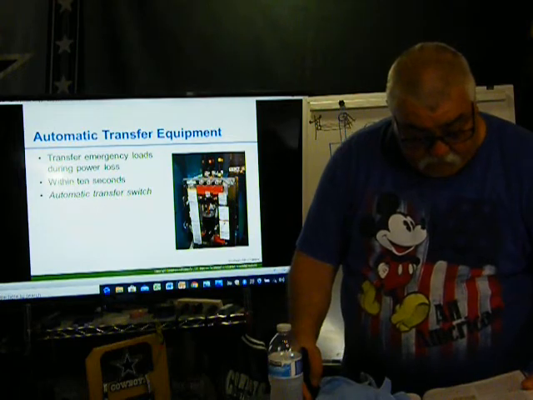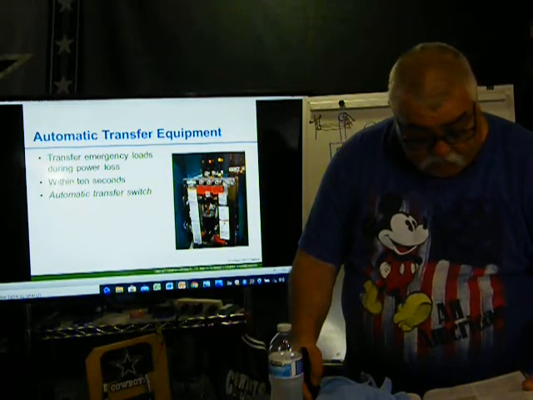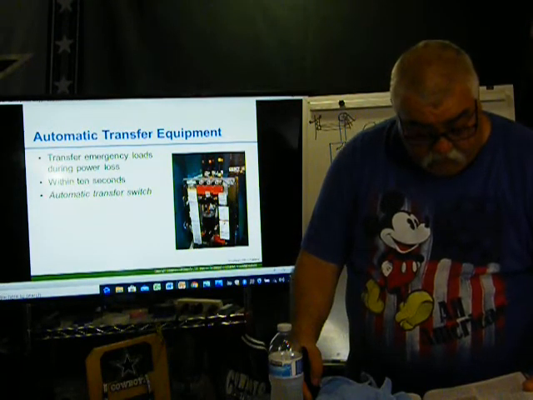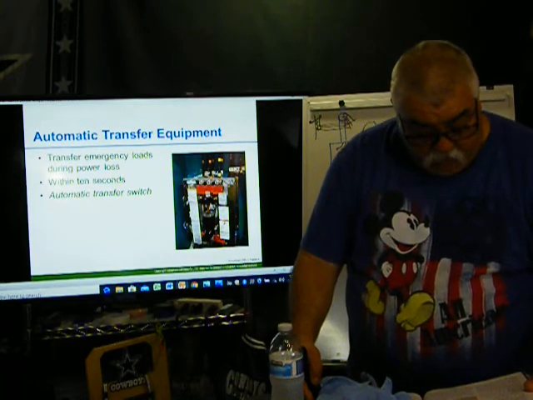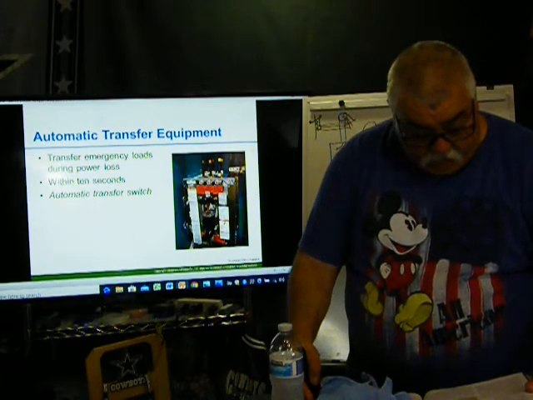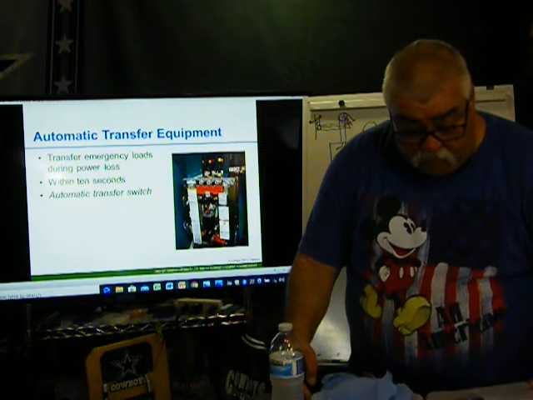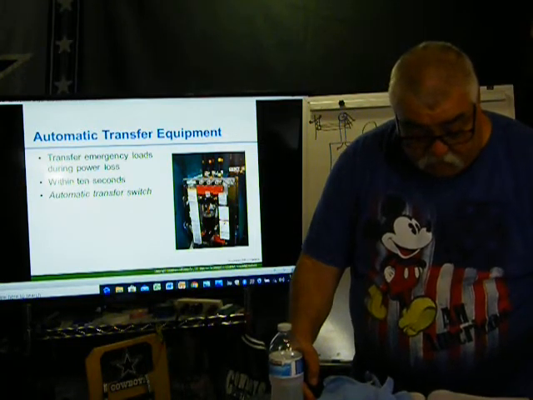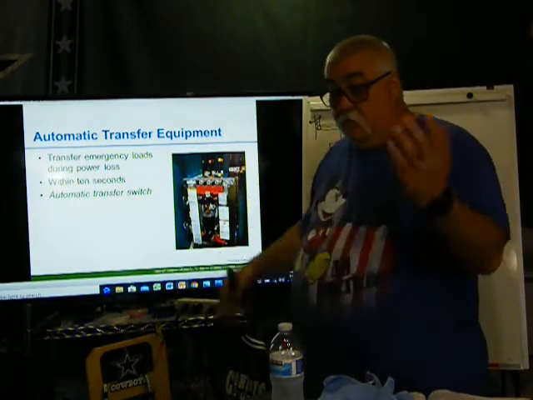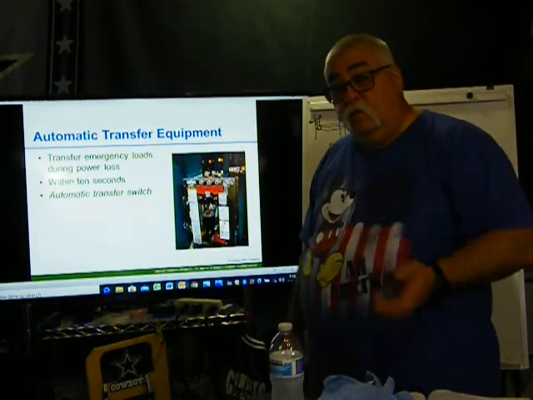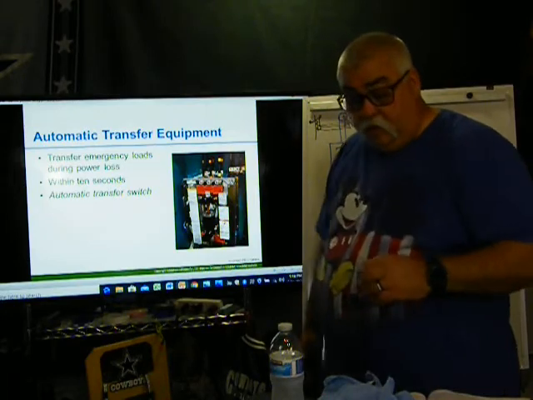Once the generator starts, the transfer switch monitors generator output. Once the output reaches the acceptable voltage and frequency, the transfer switch disconnects the emergency loads from the normal power and connects them to the emergency power. So again, it's also monitoring the voltage from the generator, to make sure the voltage is at a certain point.